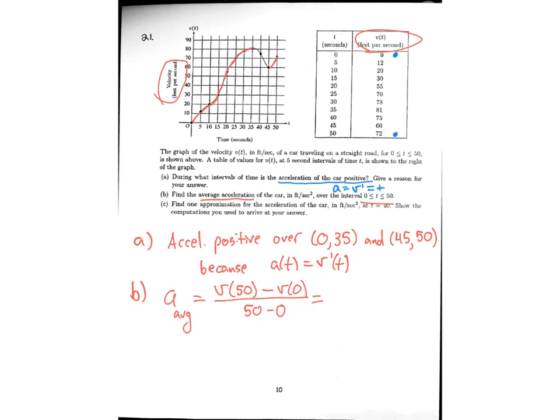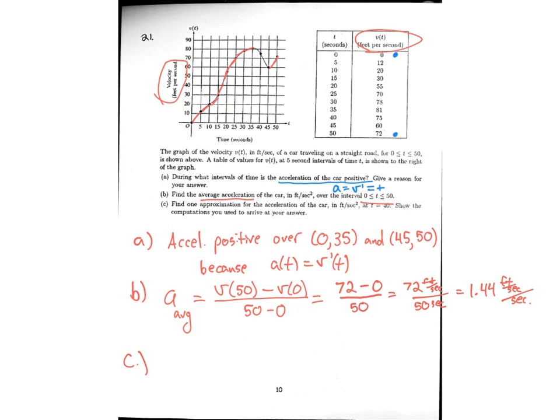So the velocity at 50 seconds is 72, and the velocity at 0 seconds is 0. So we're just going to write 72 minus 0 over 50. So then the average acceleration would be 72 feet per second over 50 seconds, which gives us 1.44 feet per second per second, or feet per second squared.